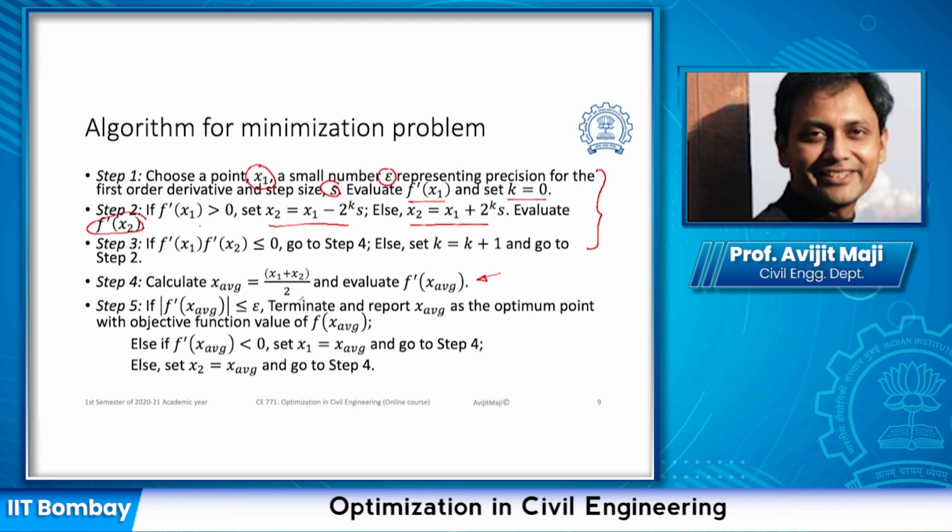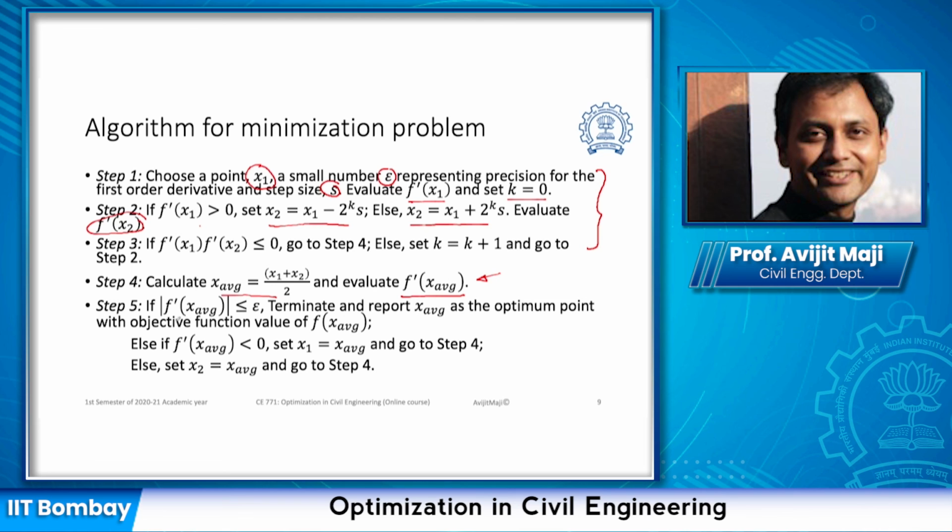So in step 4, we are going to find the average point or the middle point of the 2 bracketing points, which are x1 and x2. Once we find that, we find the slope at that particular location.